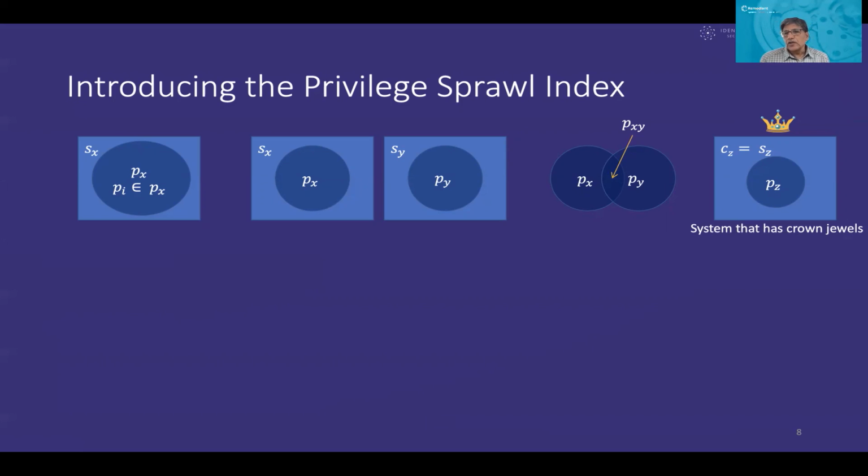And finally, on the right-hand side is a system we call SZ, synonymously known as CZ, which is the system that has the crown jewels. System SZ or CZ has the PZ set of accounts on it, and it is the system that has all the crown jewels, the sensitive data, the customer accounts, your intellectual property, whatever the case might be, which is the target that the attackers are after, right?